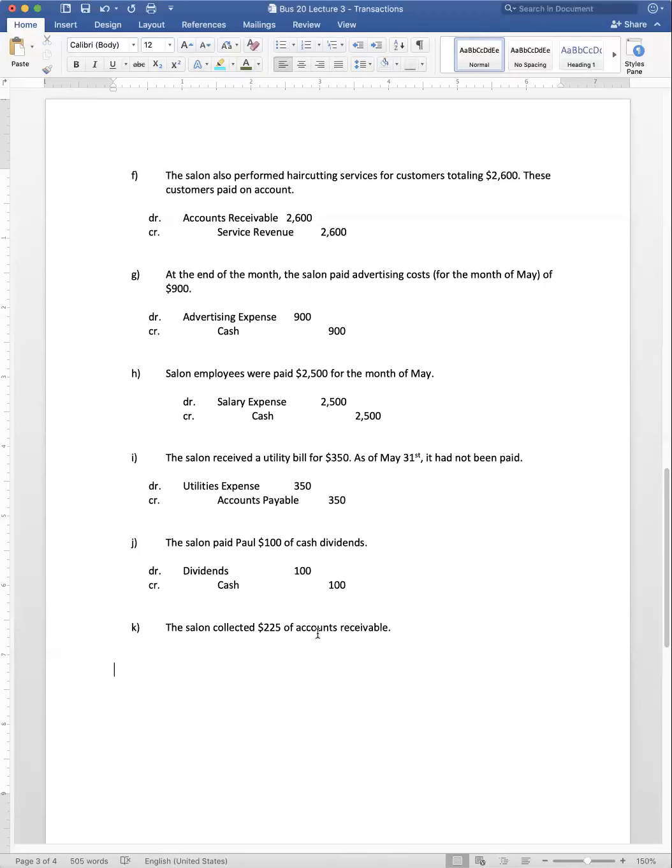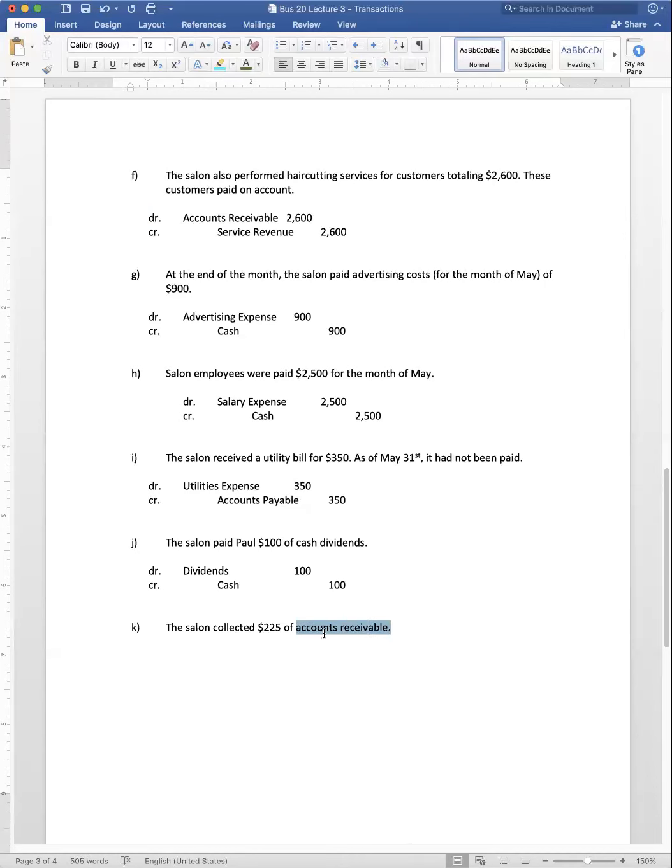What that means is the accounts receivable, remember back up here when we did work for the customers and they didn't pay us, we set up accounts receivable. That was to record the customers who owed us. Now, some of those customers are now paying. We're collecting some of this money. So some of the customers are paying off their accounts receivable.